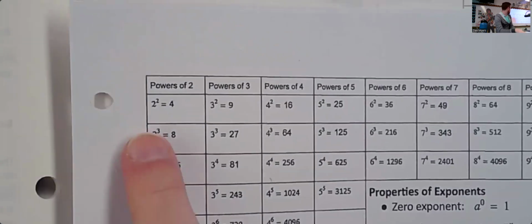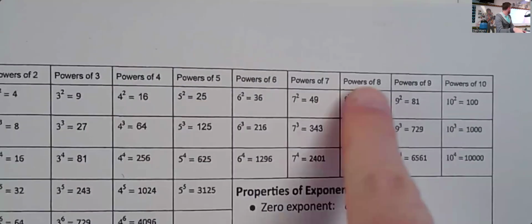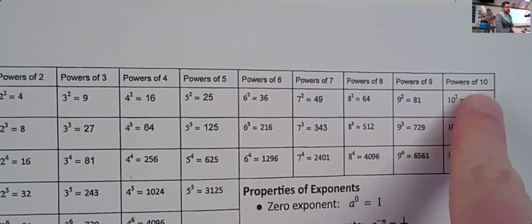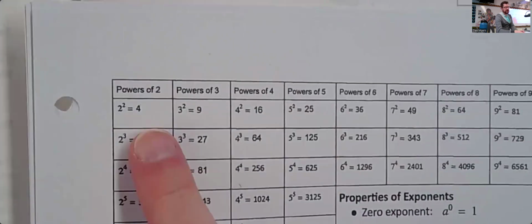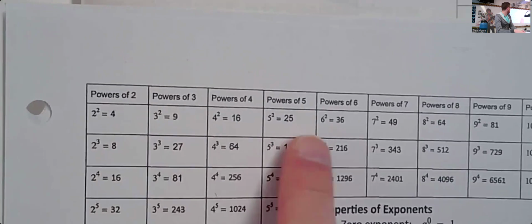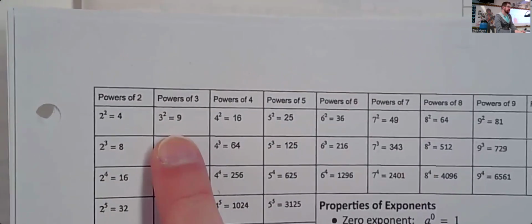Sorry, perfect squares would be across the top row, not powers of 2. I was looking at things the wrong way, but yeah, look left to right, not top to bottom. So perfect squares, which one is divisible? Which one can you take 45 and divide by? 9. 45 is divisible by 9, which is 3 squared.